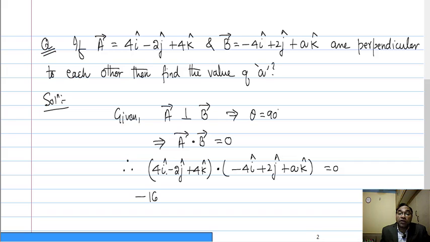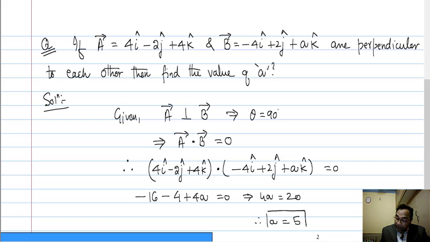So we take only the coefficients of identical vectors: i and i gives minus 16, j and j gives minus 4, k and k gives plus 4a, and this is 0. From this we can conclude 4a is equal to 20. So therefore a equals 5.